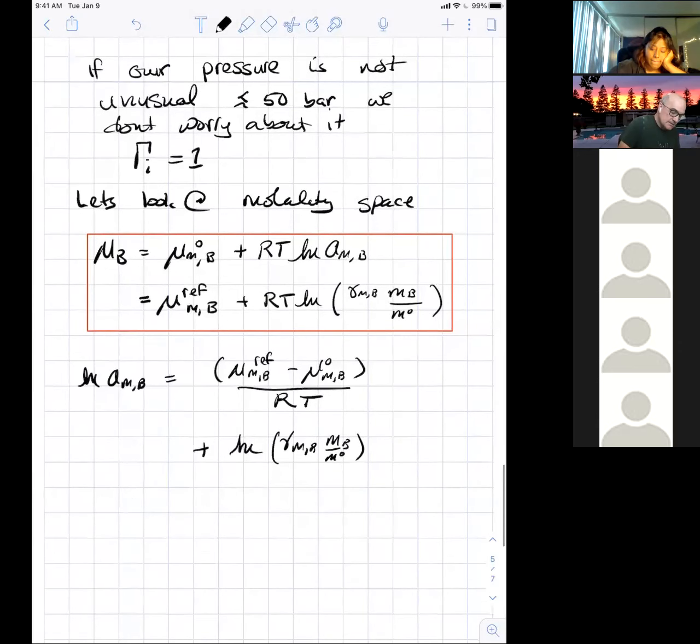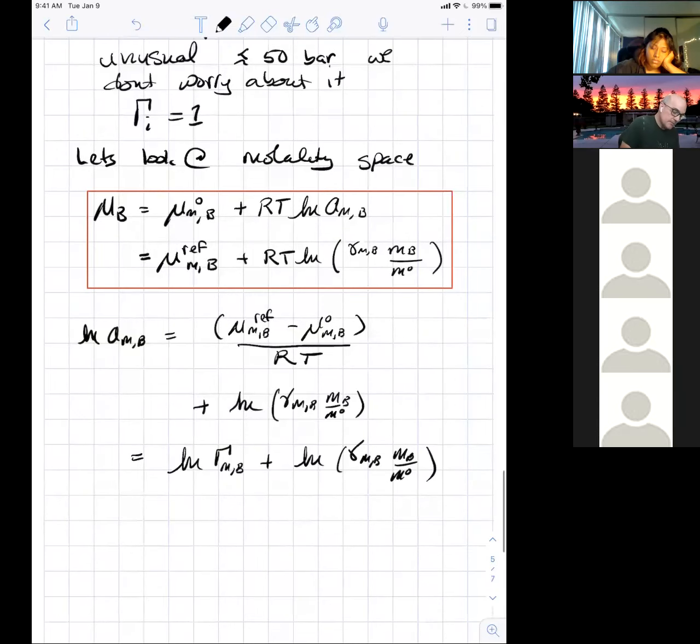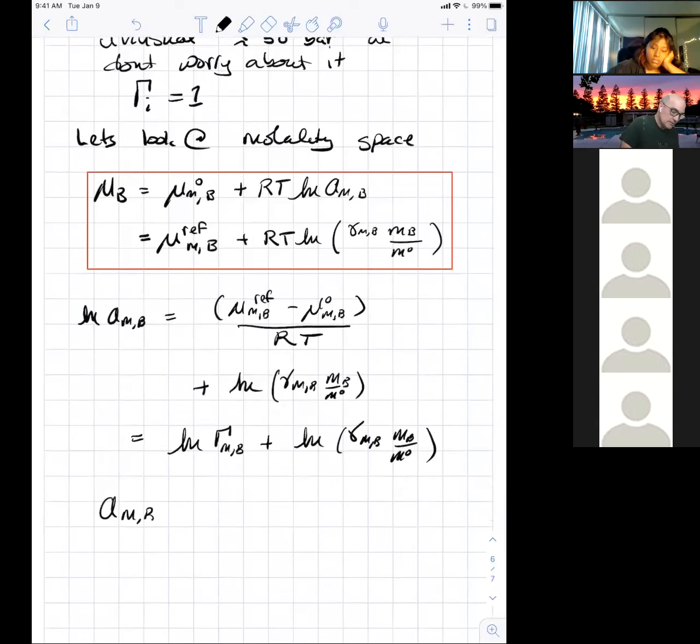All right, and so this again is going to be this pressure factor times the other stuff we're used to seeing. Or in other words, we have these three factors: the pressure factor, the activity coefficient, and the concentration factor, which is what I said at the beginning, and the pressure factor is the last thing.